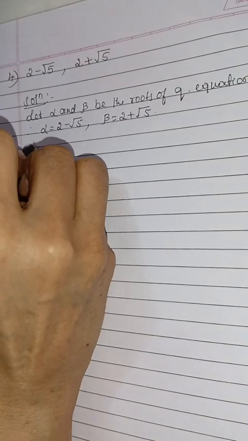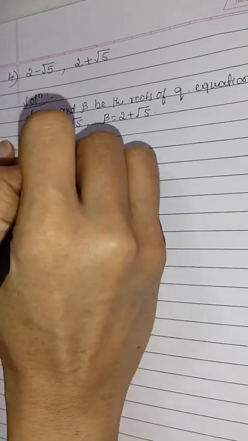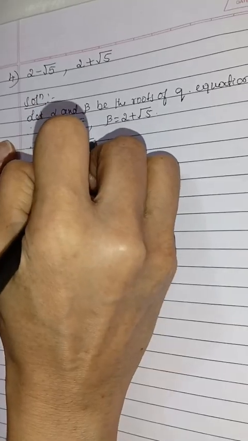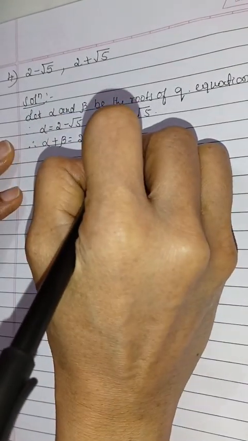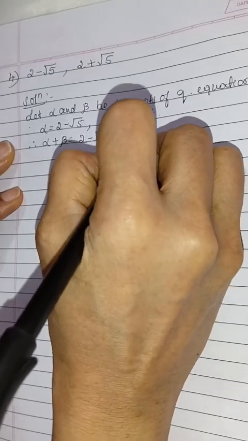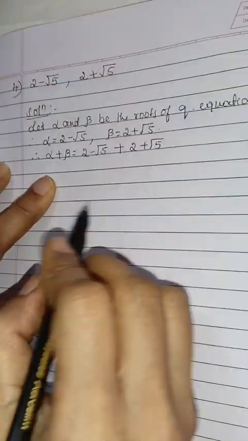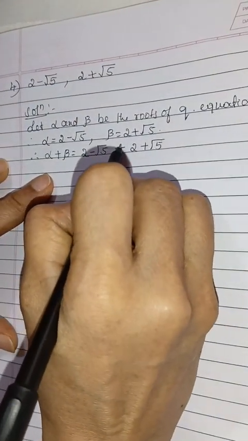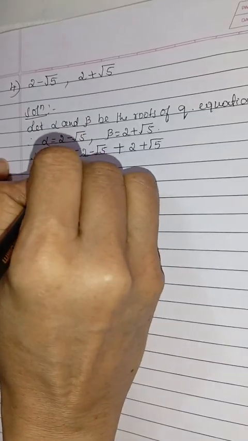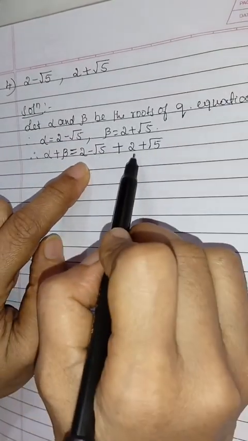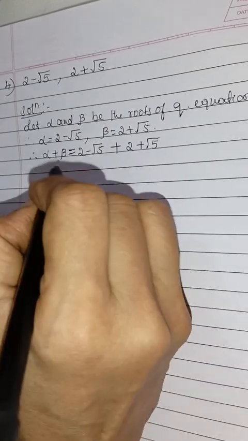Therefore alpha plus beta is 2 minus root 5 plus 2 plus root 5. Here it is plus. That is how to add: this 2 plus this 2 is 4.